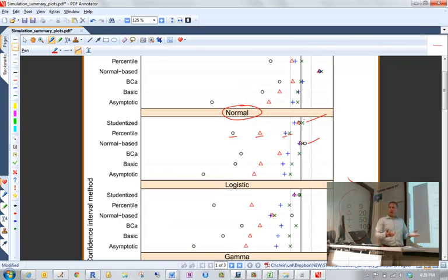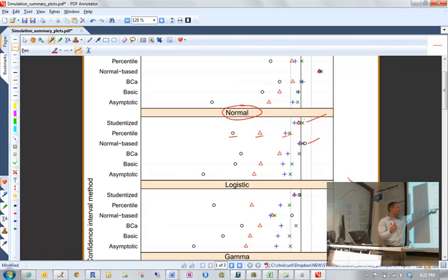Which one's the slowest, though? It's kind of interesting. The bootstrap ones are getting there faster. And remember what we learned about the bootstrap intervals. Student t and the BCA were the two best because they are getting to where they need to be faster. Obviously, student t is already there.